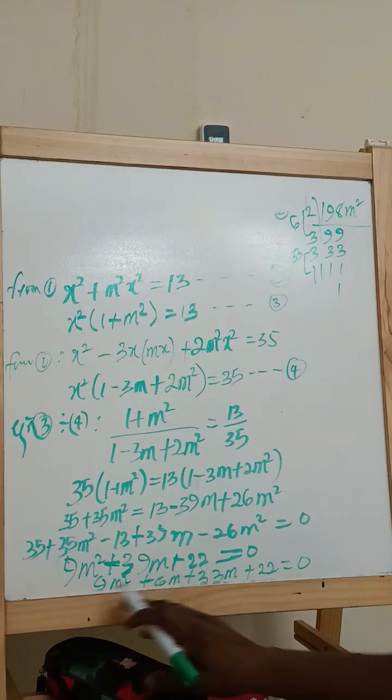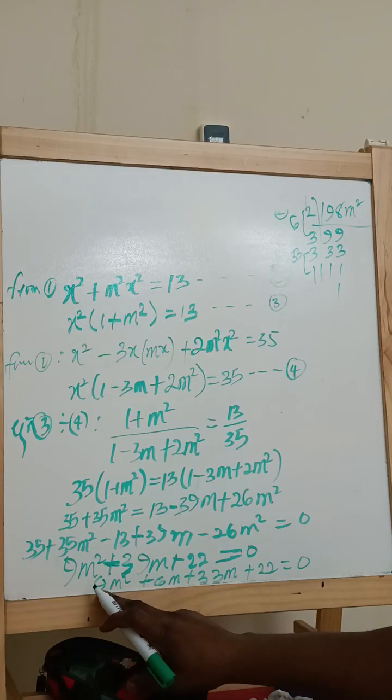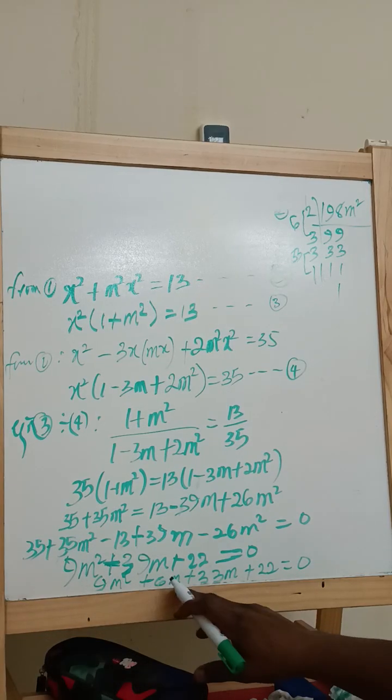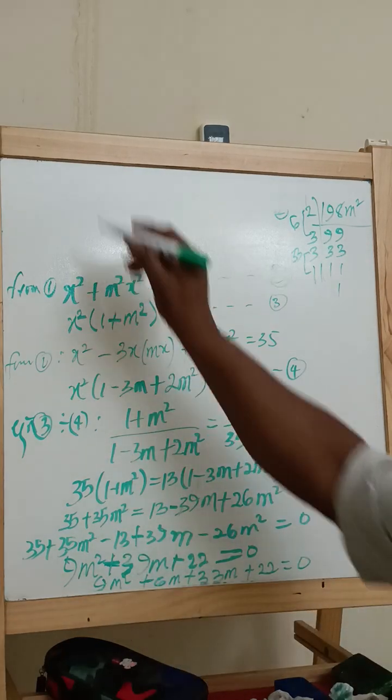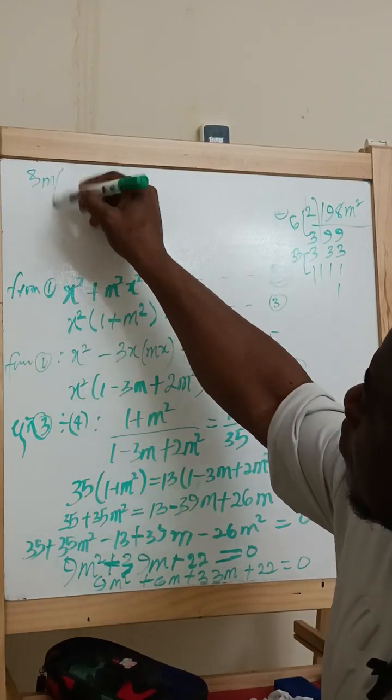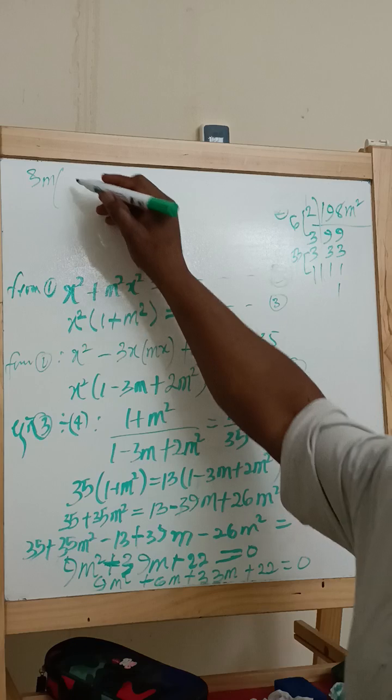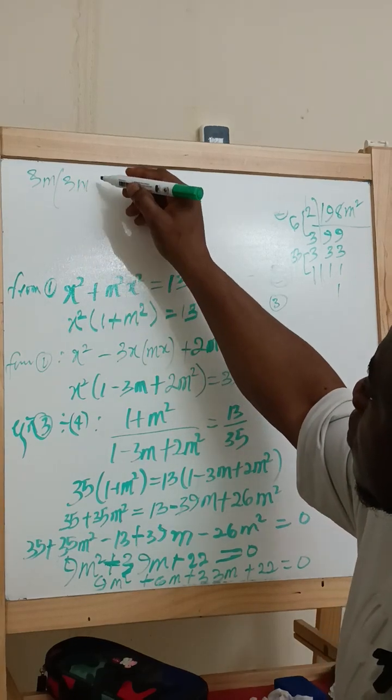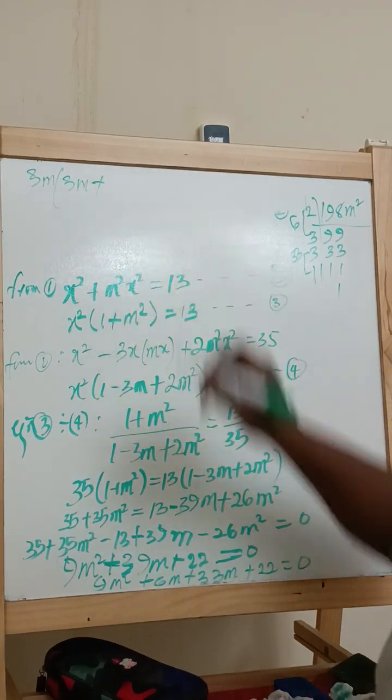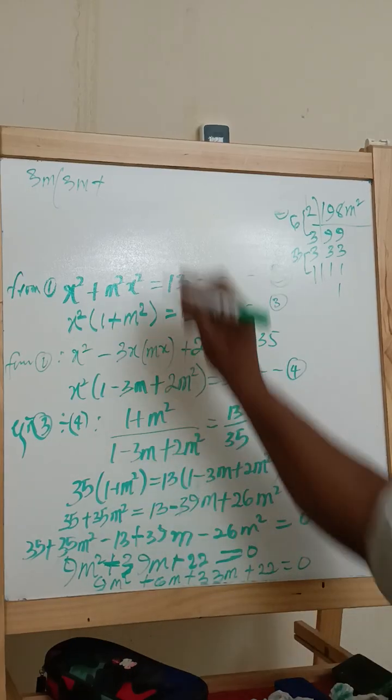If we factor this together, 3 can go here and m can go here. That is taking these two. So that will be 3m. So that will be 3m left. Then plus, and 3 and 6, that will be 2.